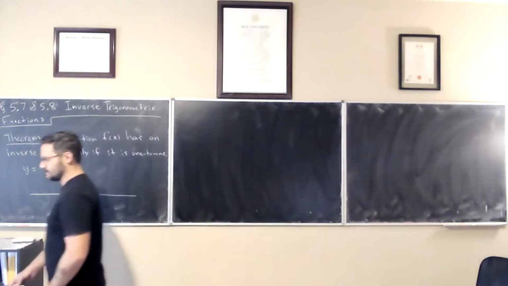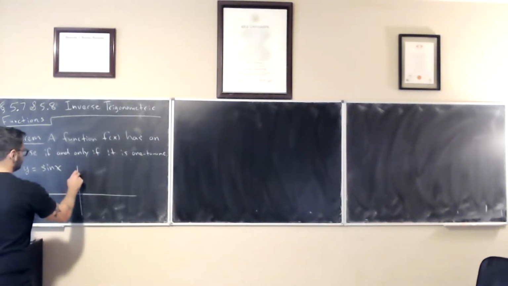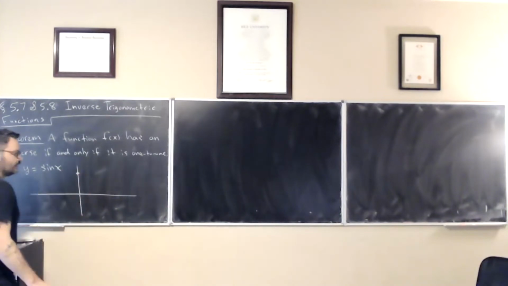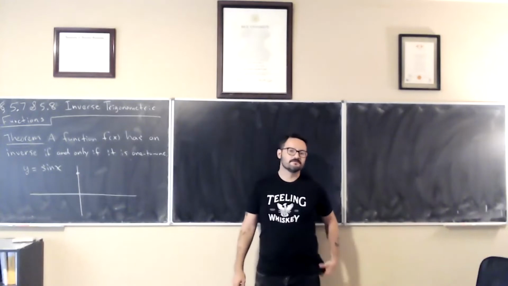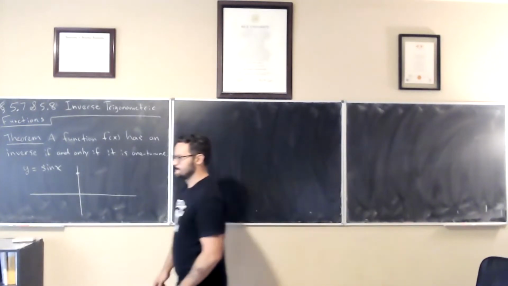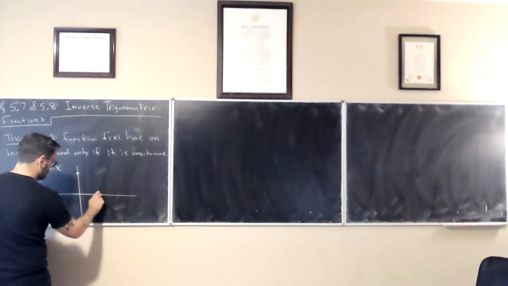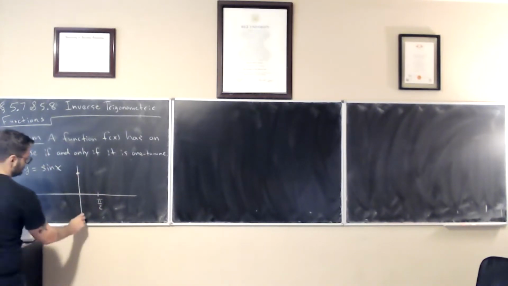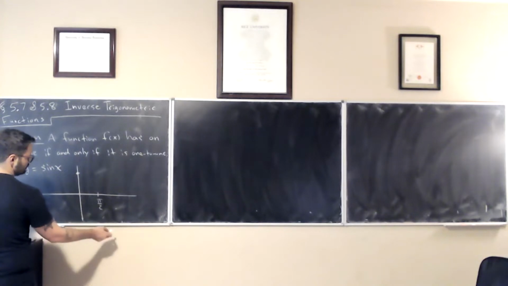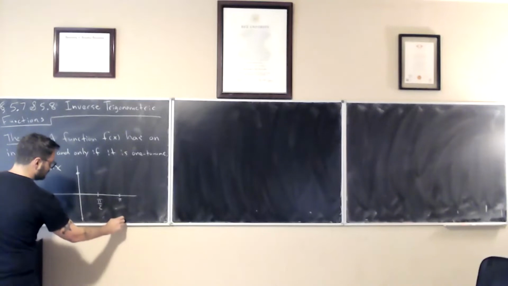Sine of 0 is what? 0, right? And then what's sine's value at pi over 2? 1. Right. So pi over 2 is over here. What's sine's value at pi? 0. Right.